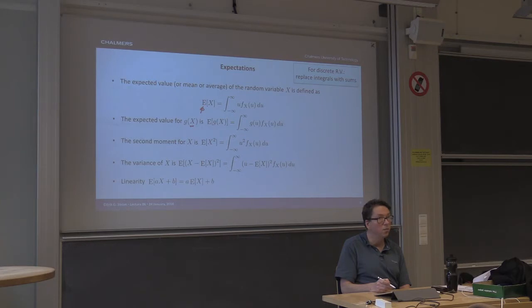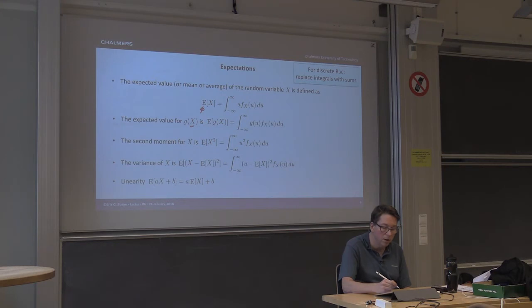But that's overkill if we're only interested in its expected value, because then we can work with the PDF or CDF of x rather than the CDF or PDF of g of x. Okay, so the expected value of a function of a random variable is defined as follows.